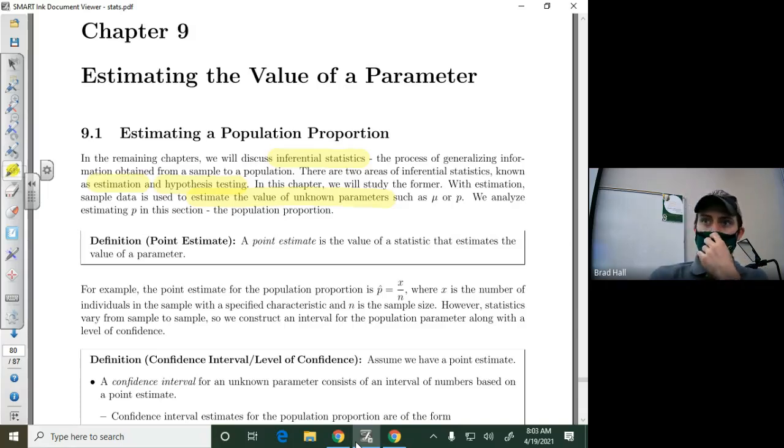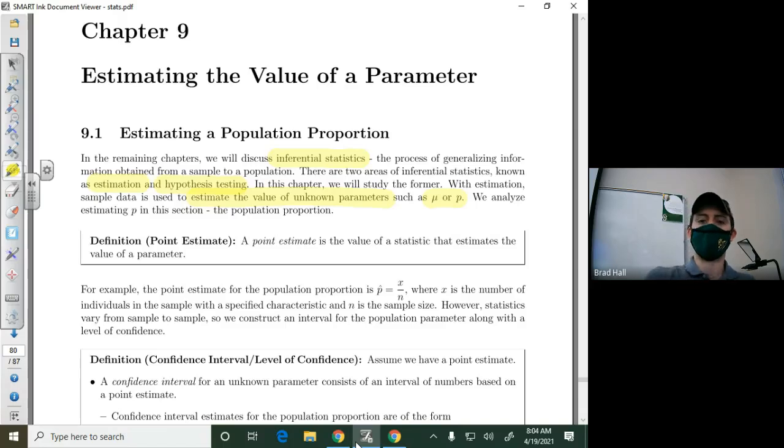Now remember, there's a parameter and a statistic that we talked about in the very beginning of the semester. A parameter refers to a population. Statistic refers to a sample. So when they say unknown parameters, they're saying unknown values about the population. And notice how they use mu and p.